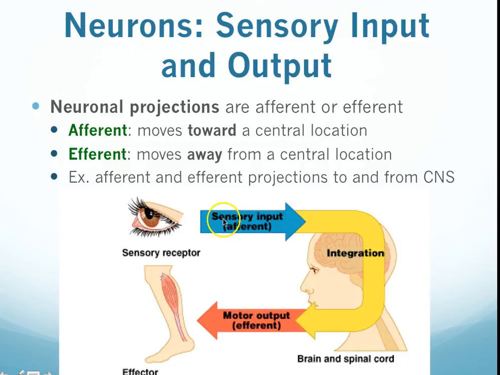Now, this signal is going to be an afferent projection, okay? An afferent signal that's going to go from your periphery, which is your eye, right? Now, your eye obviously is not part of your brain, really, although it does send a nerve to your brain. So it's going to go afferent to your central nervous system, and then it's going to activate signals that then come efferent, okay, back out to the peripheral nervous system, away from the central nervous system, okay?